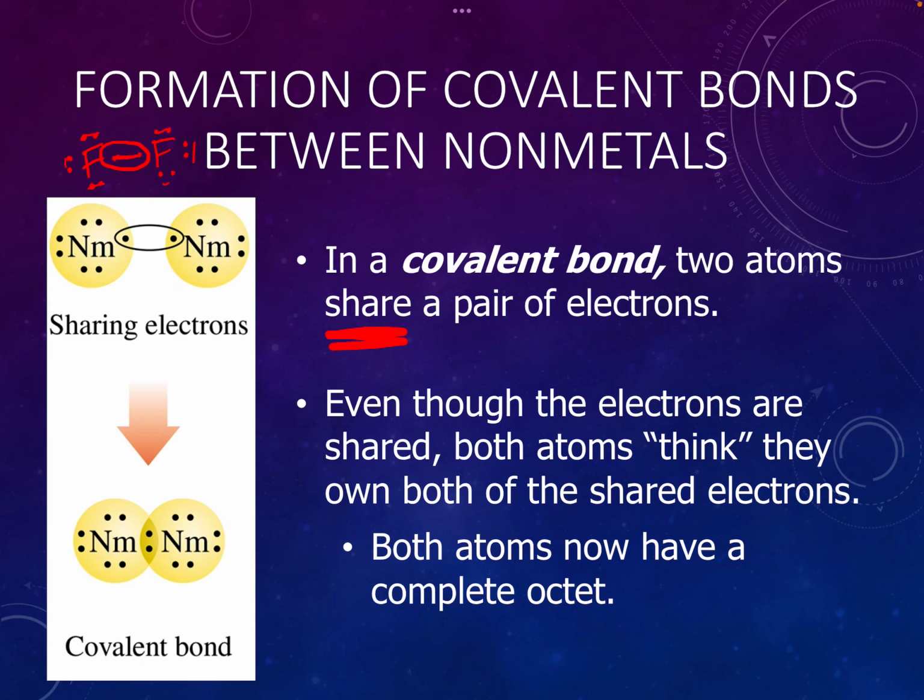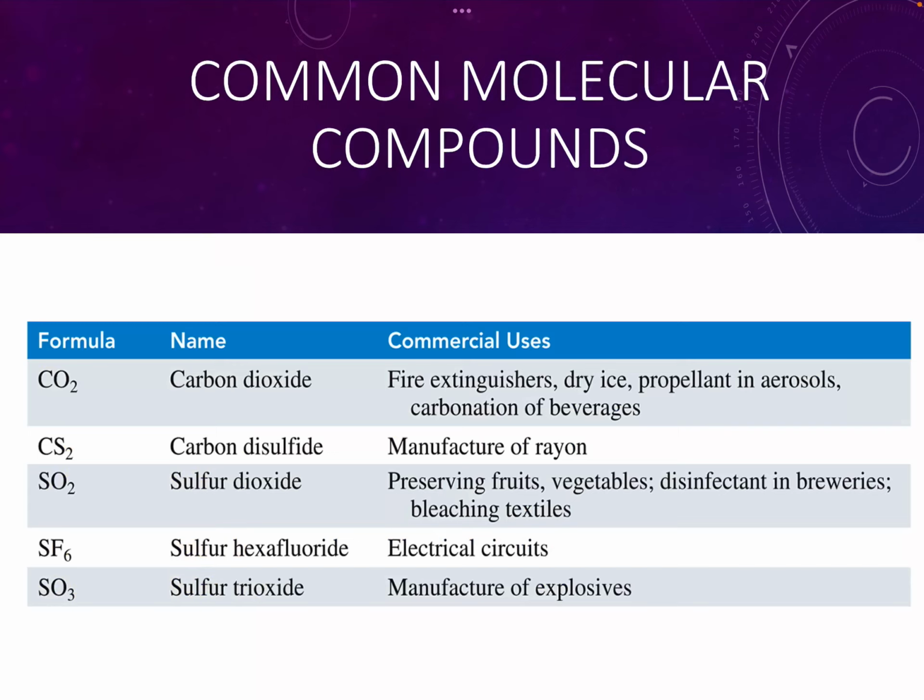And so by sharing these electrons, each one of the elements actually gets an octet. So instead of ionic compounds where we're seeing that transfer of electrons, in a covalent bond, they're sharing the electrons so that they both end up with this octet. Okay, remember, the name of the game is to always get 8 valence electrons in bonding.